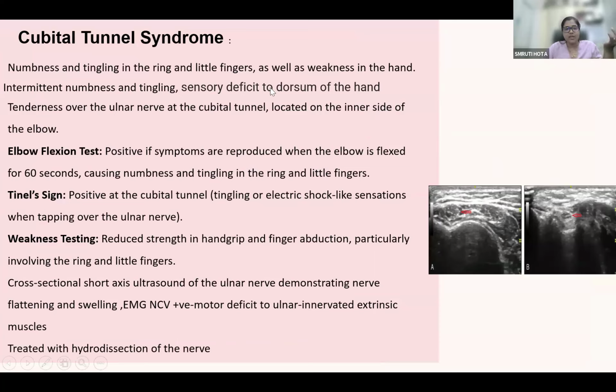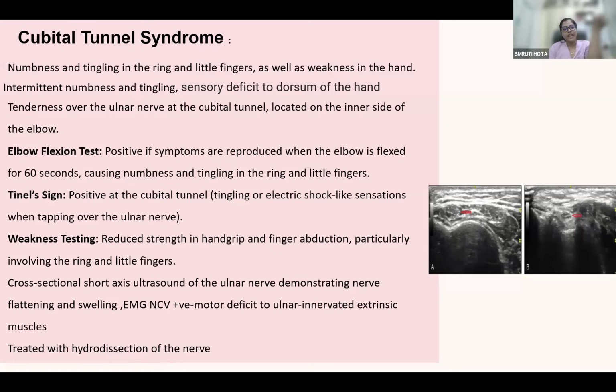How is this different from Guyon's canal syndrome? There is weakness in the hand. There is intermittent numbness and tingling, but there is a sensory deficit in the dorsum of the hand, and tenderness over the ulnar nerve when you palpate in the cubital tunnel between the medial epicondyle and the olecranon, on the inner side of the elbow. You will see there will be tenderness.